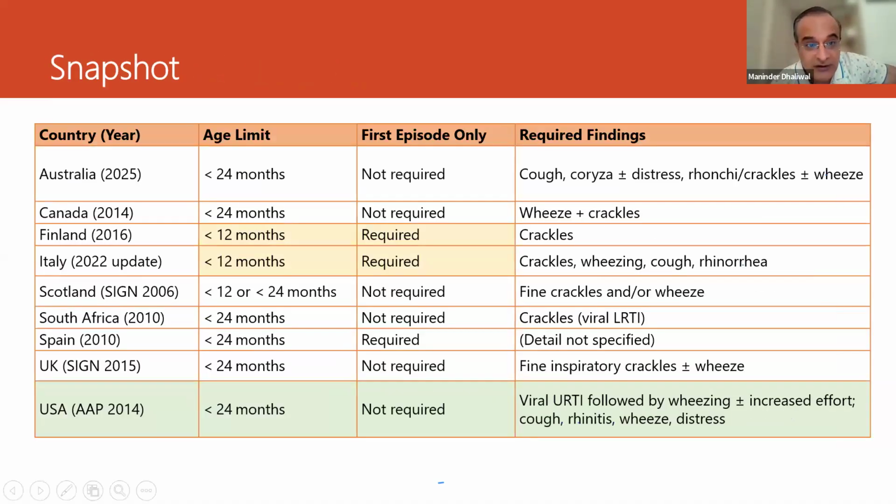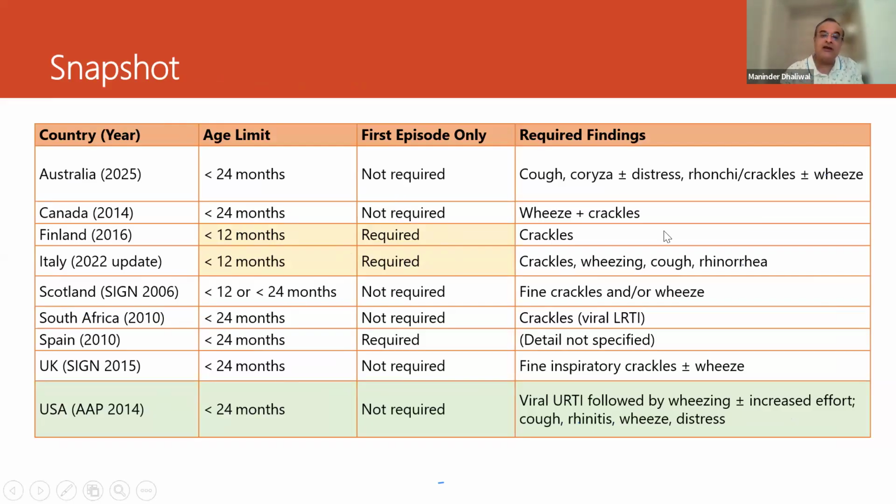So let us see what the various countries have said about the age limit. Most of the countries say less than 2 years, whereas a few countries say less than 1 year. The first episode only criterion is for Italy and Finland. The rest might say it's not a must, it can be recurrent also.